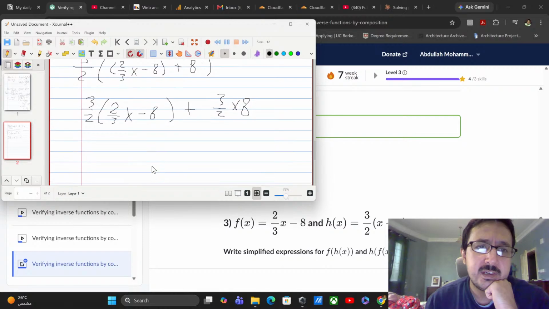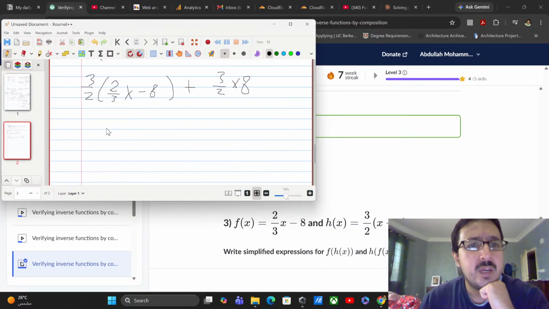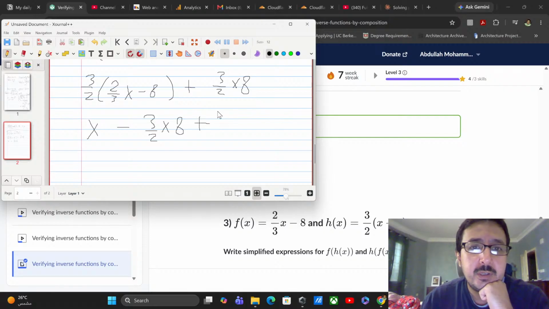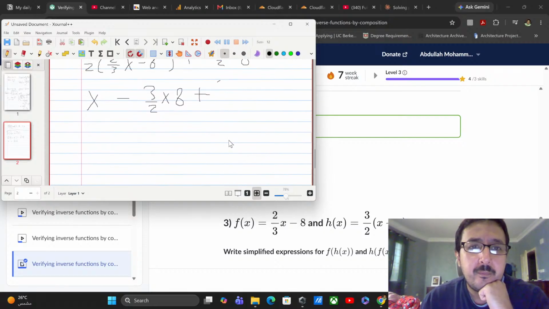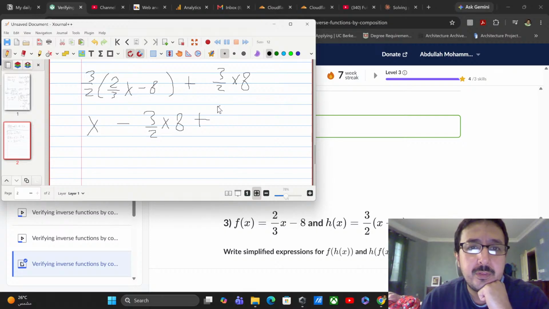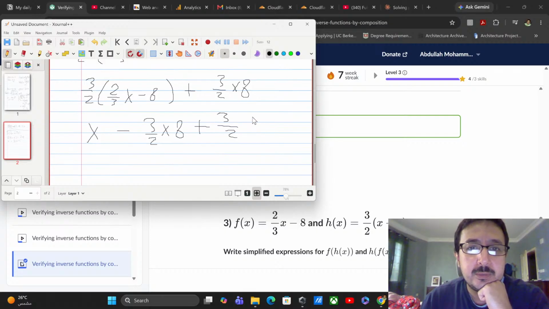So what are we having? We get x and minus, we've got x and minus, it is the same, 3 over 2 multiplied by 8 and plus 3 over 2 multiplied by 8.